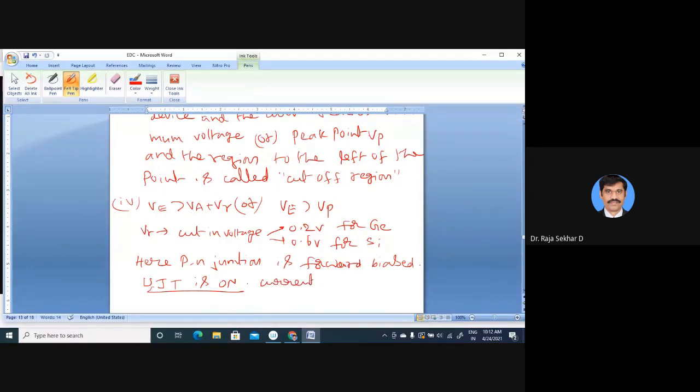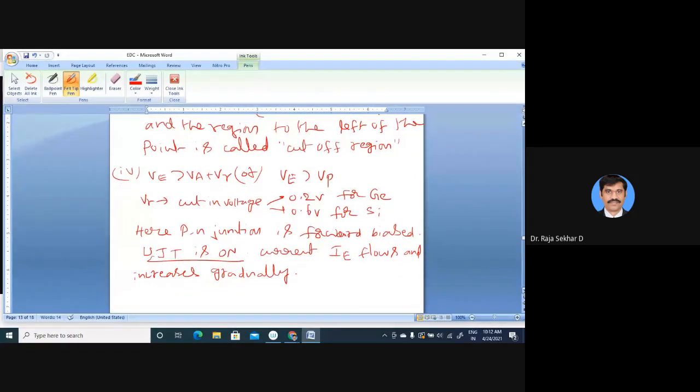Current IE flows and increases gradually, just like our PN junction forward bias V-I characteristics. So this increases charge density. This implies RB1 reduces.